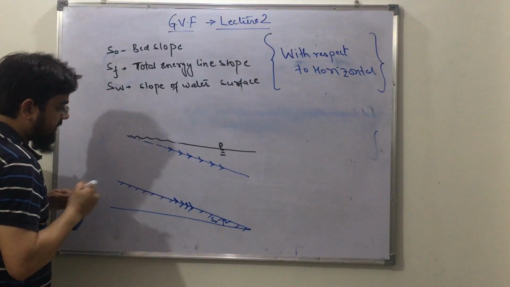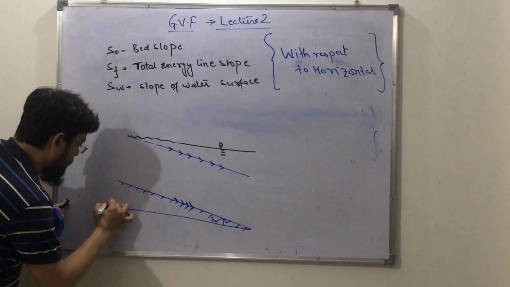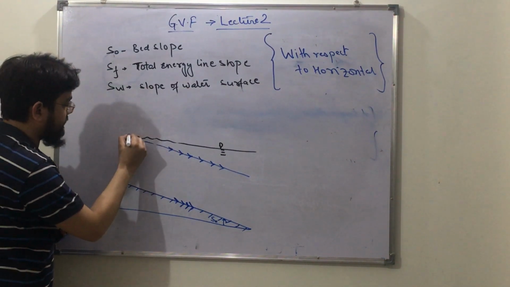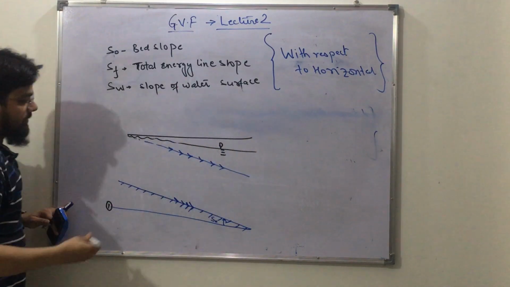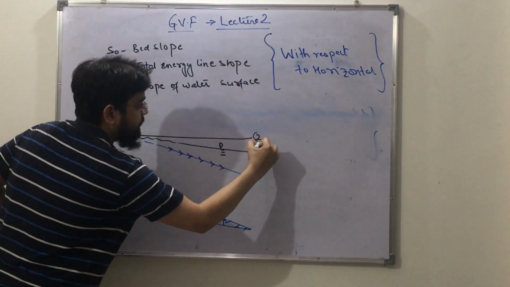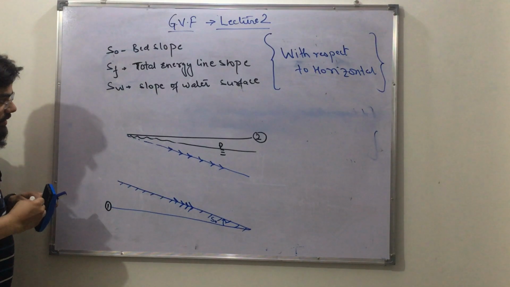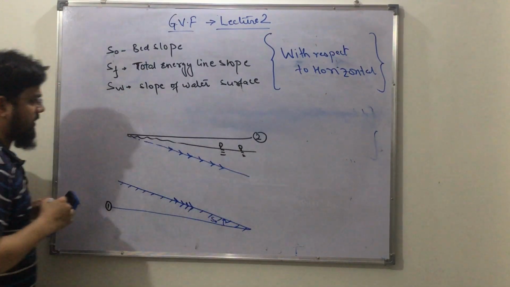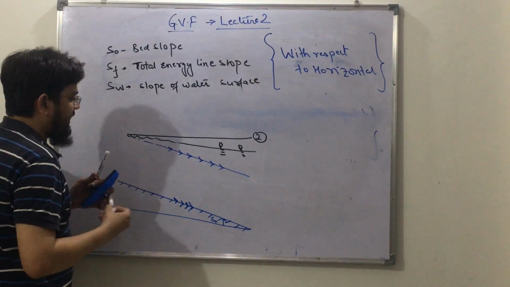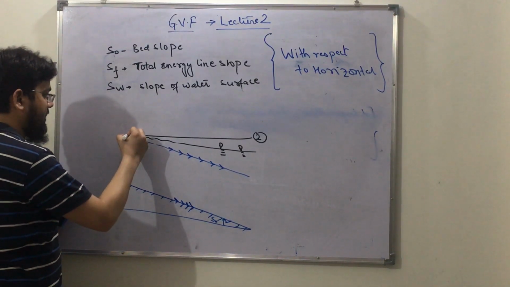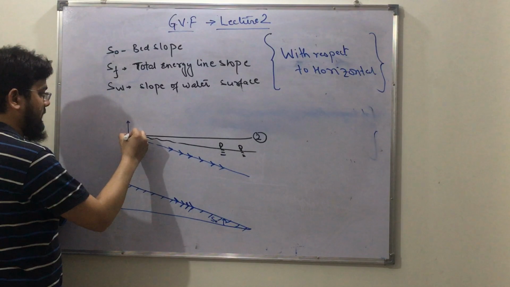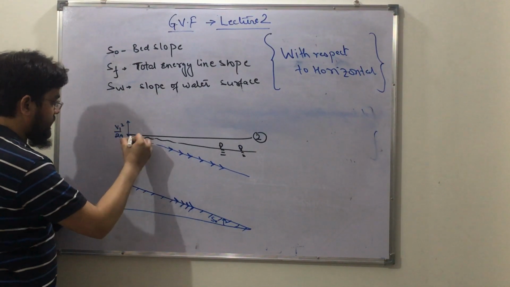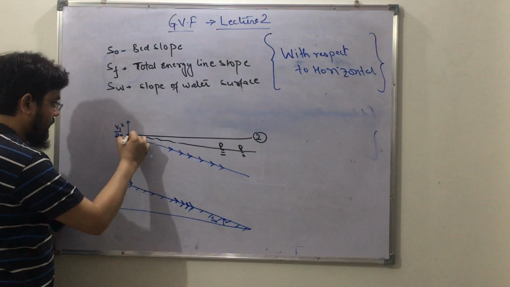Now I draw another horizontal line. This is horizontal line 1. Another horizontal line parallel to this, I am drawing this one. This is another horizontal line, say 2. This is the water surface line. We have some energy line, for example here V1 square upon 2g. Since this is water, we have this value as Y1.